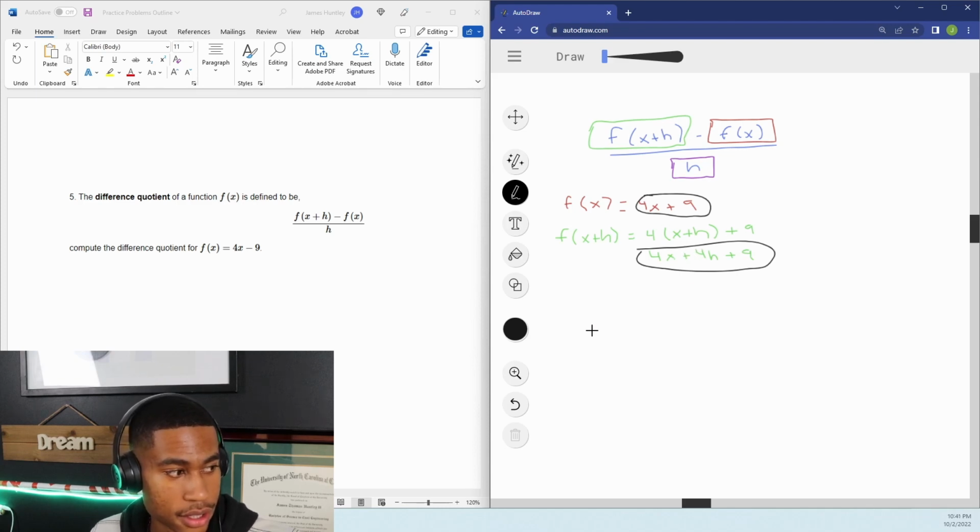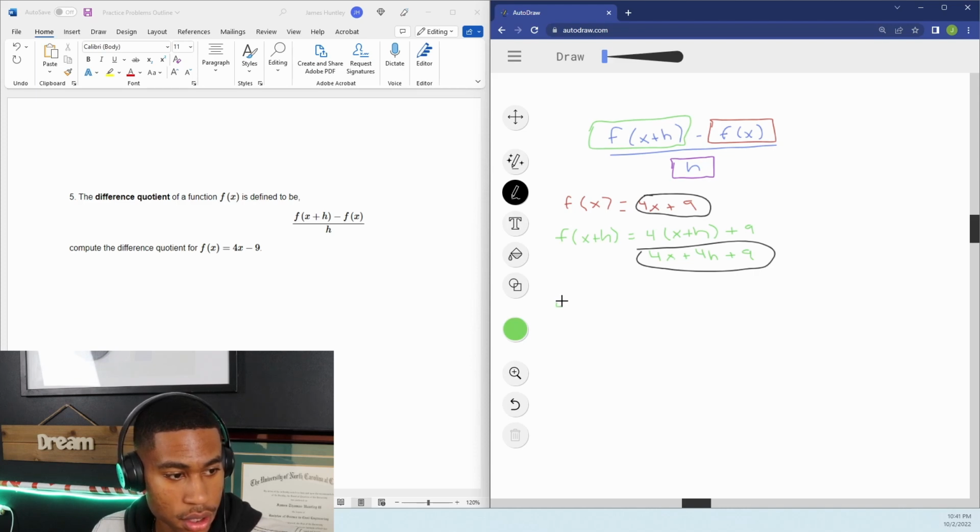If it gives us the difference quotient. I think I was using blue, so I'm going to go back to blue. Or maybe I can use green. I'll keep the colors. Let me know if the colors are helping or making it harder to understand.